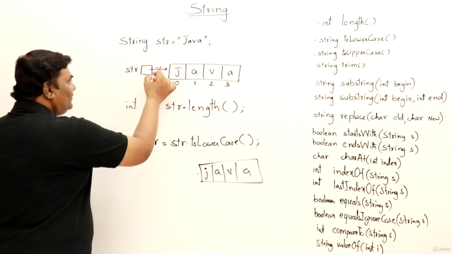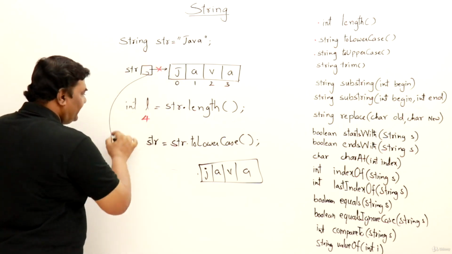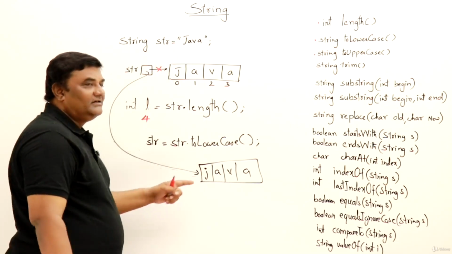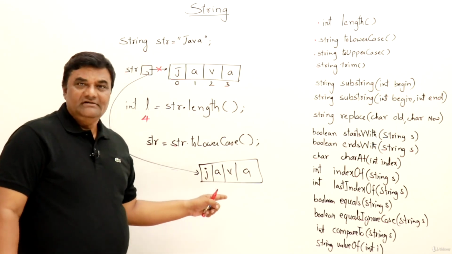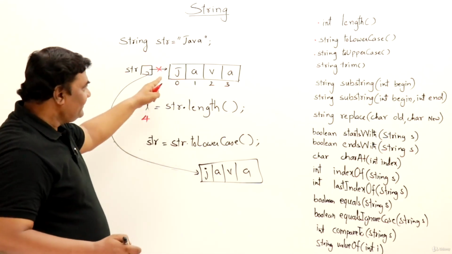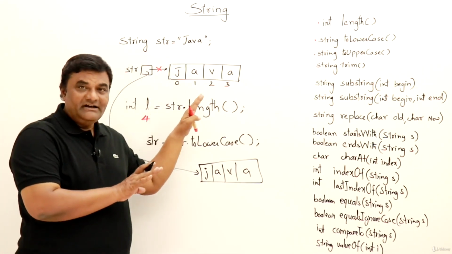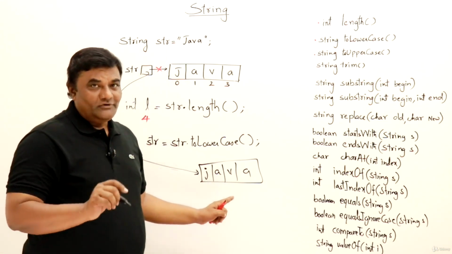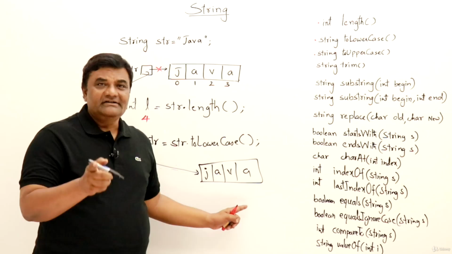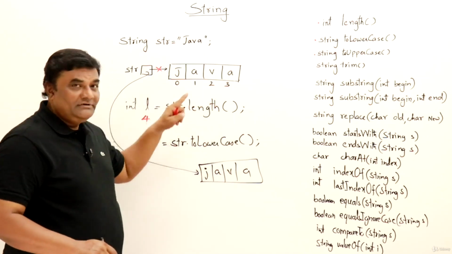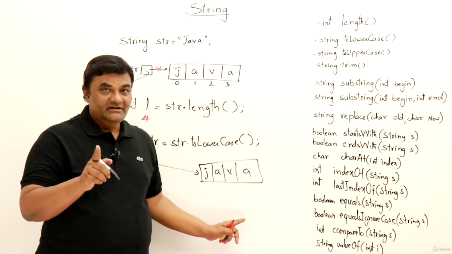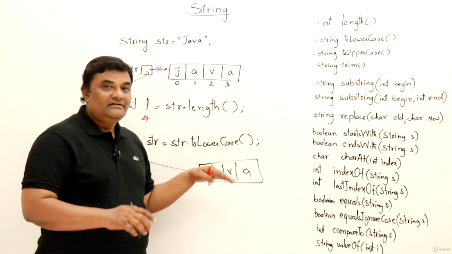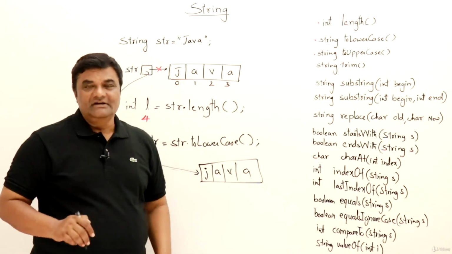So str will not be pointing here, but it will be pointing on a new object. If you want to modify the same thing, then the same thing is not modified, but the same reference will be pointing on the new object. And one more important point, this new object will be created in heap. This was in the pool, but this will be created in heap. All right. So this result object will be inside the heap.